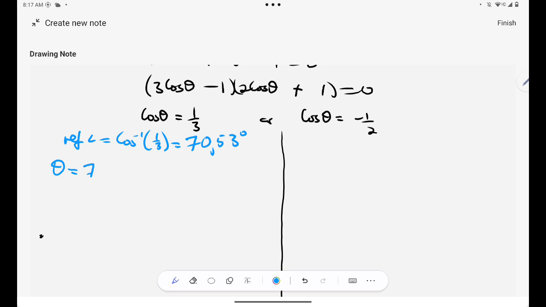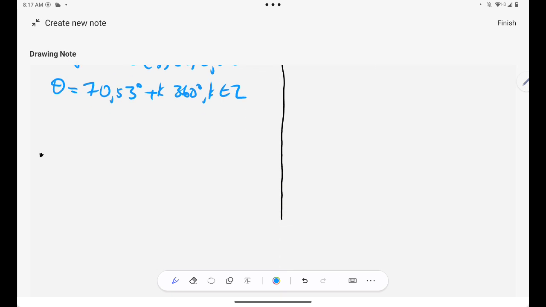So I will say theta is equal to 70.53 degrees plus k 360, where k is an integer, because in the first quadrant we write angles as they are. In the fourth quadrant, theta will be 360 minus 70.53 degrees plus k 360, where k is an integer.